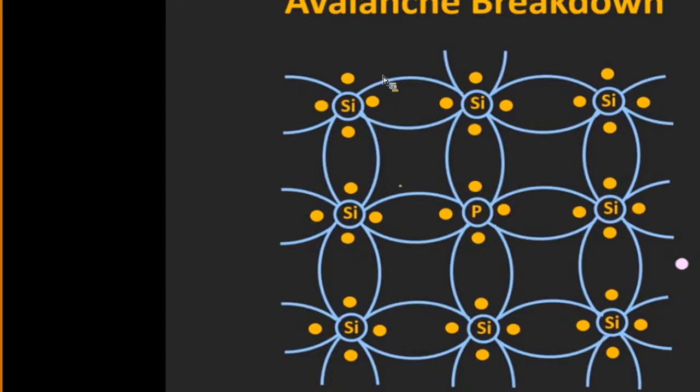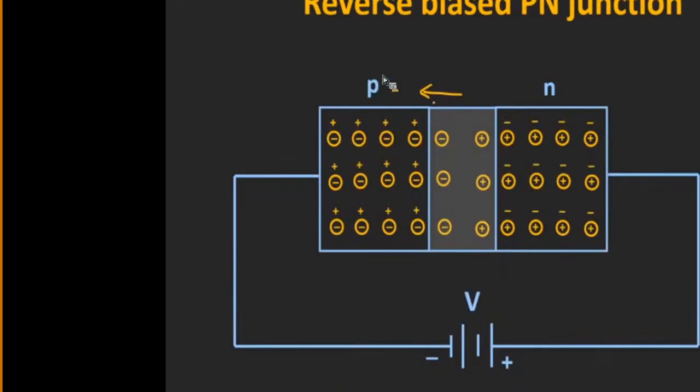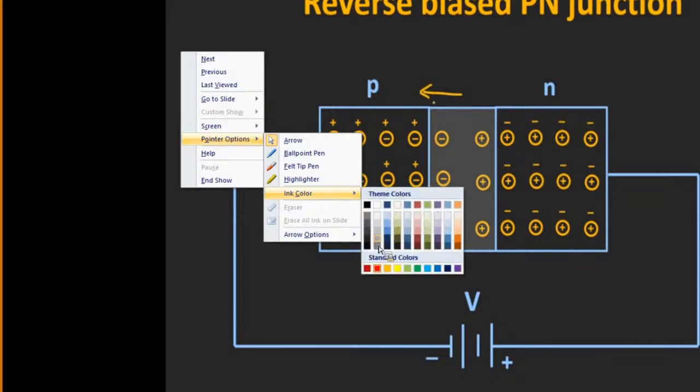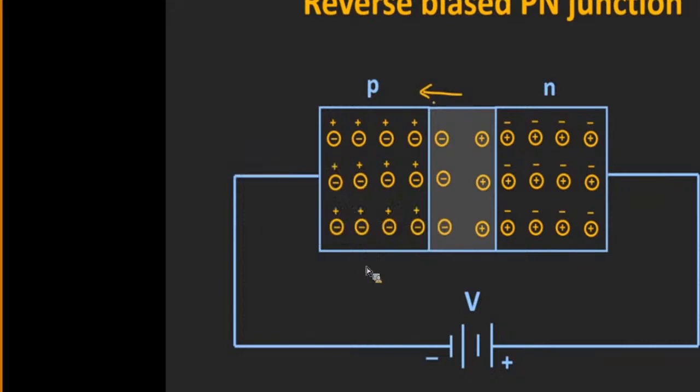Now see, what is an avalanche breakdown? Now see here, this is the depletion region. What is present in this depletion region? In this depletion region we have immobile ions. These are nothing but our immobile ions. When we combine P-type and N-type material, immediately recombination takes place here.